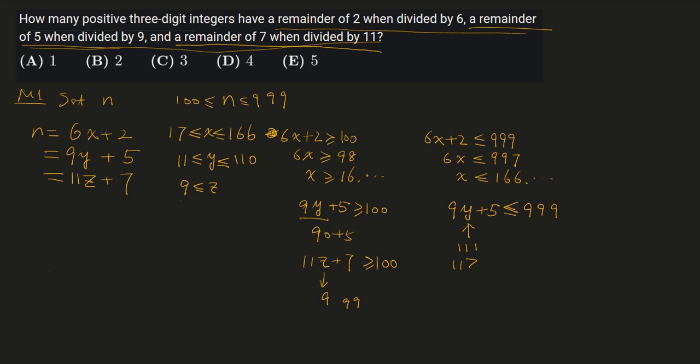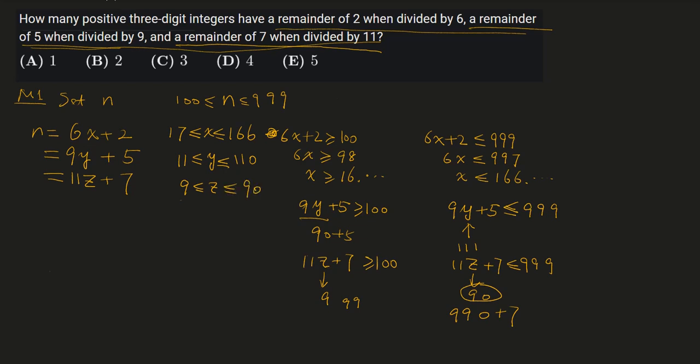Then let's look at the upper bound. 11z plus 7 is less than or equal to 999. We can try the value of 90. If z equals 90, look at this. 11 times 90 gives you 990. And then plus 7, that is right below the bound of 999. Z can't take any value greater than 90. Therefore, 90 is our upper bound for z.